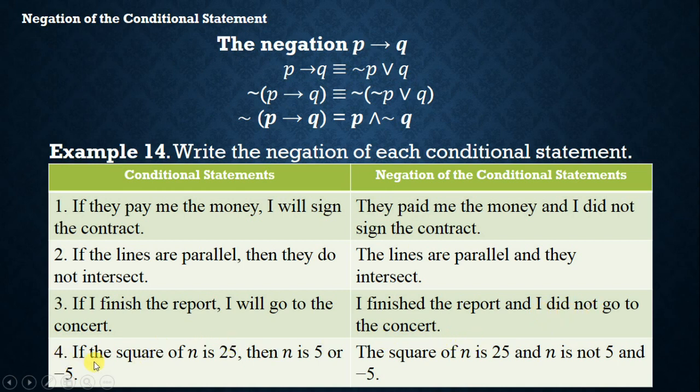Number 4: if the square of n is 25, then n is 5 or negative 5. So the negation of this statement is: the square of n is 25, and n is not 5 and not negative 5.